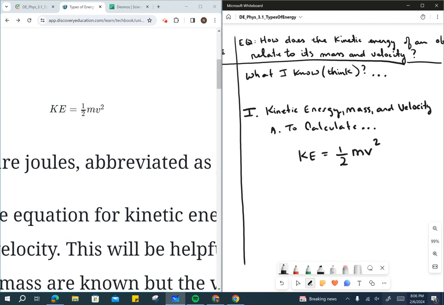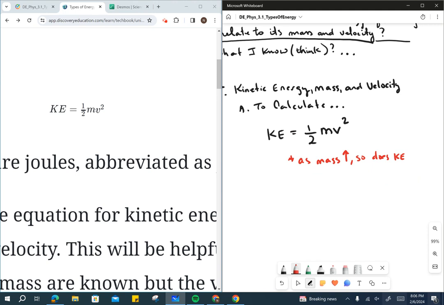As our mass increases, our kinetic energy will increase. As our velocity increases, our kinetic energy increases. So as mass increases, so does kinetic energy.